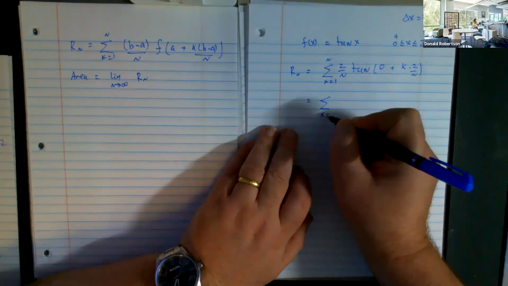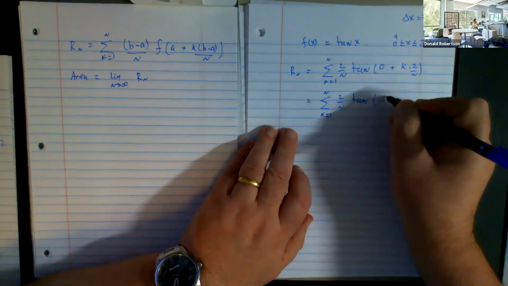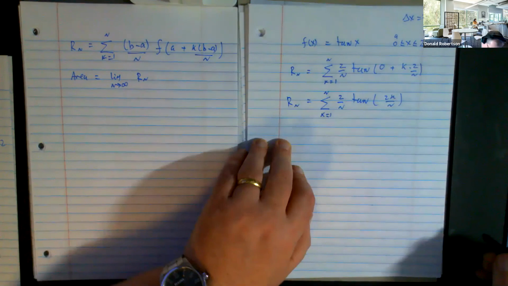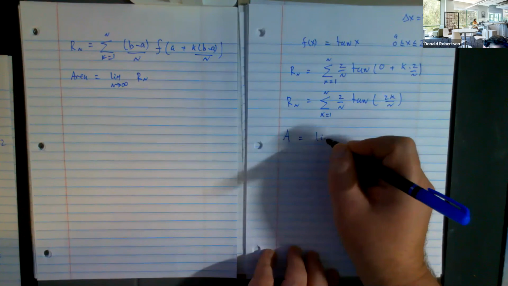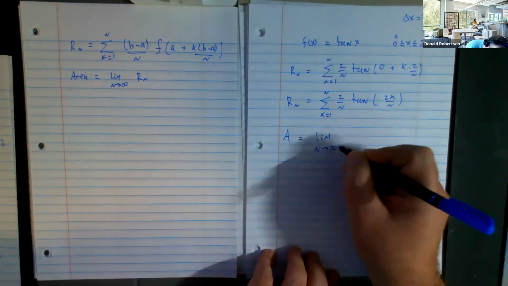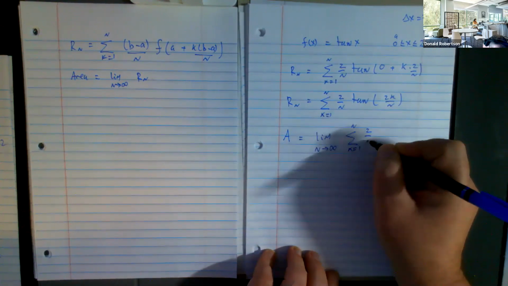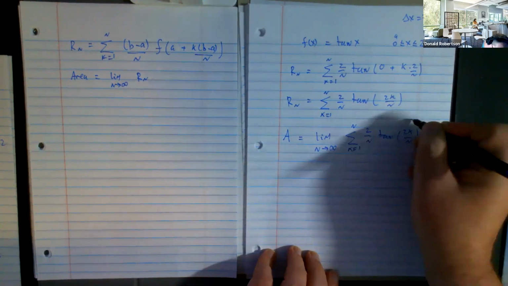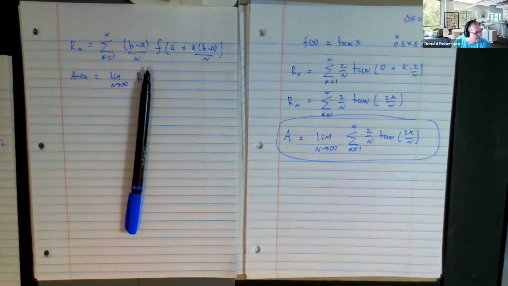So the sum from k equals 1 to n of 2 over n times the tangent of 2k over n. And so A, the exact area, is going to be the limit as n tends to infinity of the sum from k equals 1 to n of this fella. That's the weird guy I was talking about.